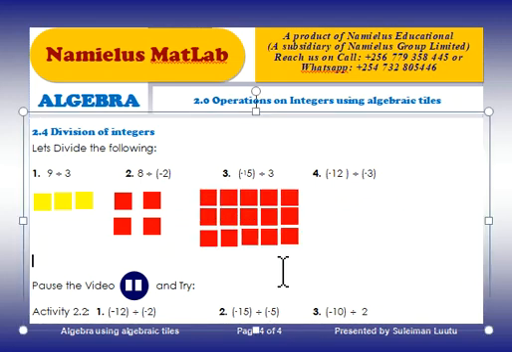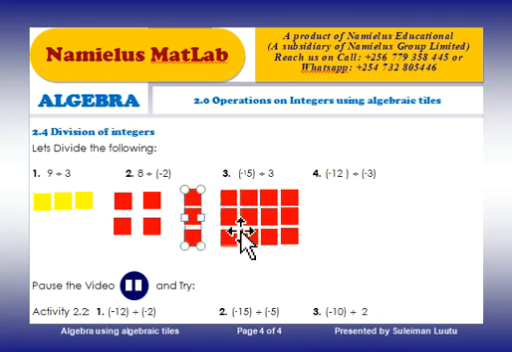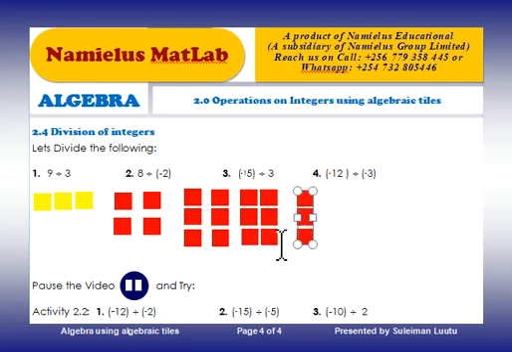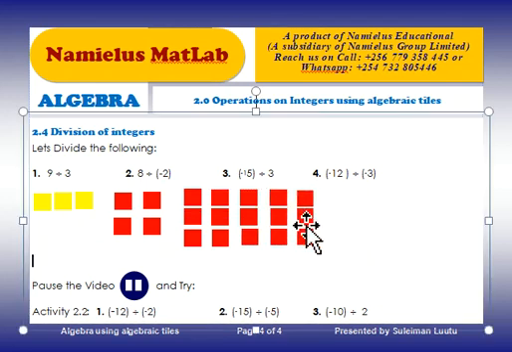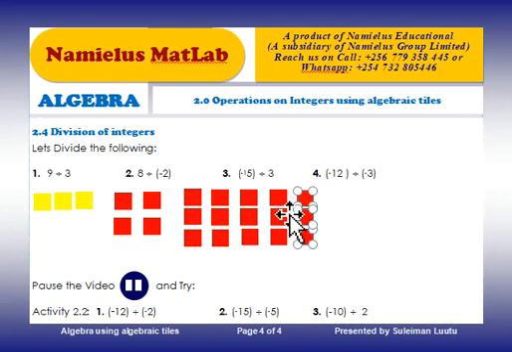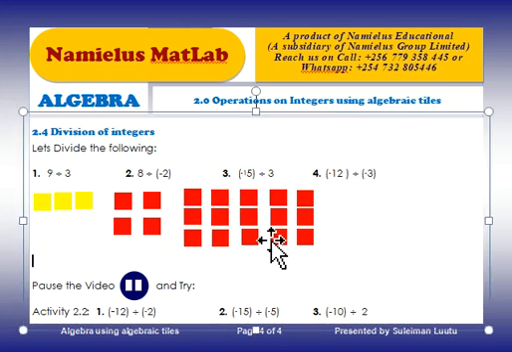Now let's go to 15 and see if we have negative 15. We divide it into 3. So this is one group of 3, 2 groups of 3, 3 groups of 3, 4 groups of 3, 5 groups of 3. So in this case, there are 5 groups of 3, but since this is negative, it remains negative.